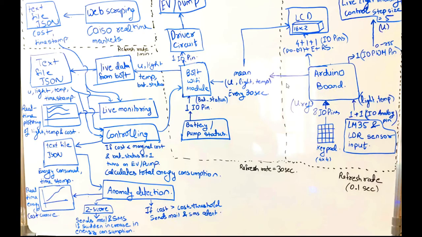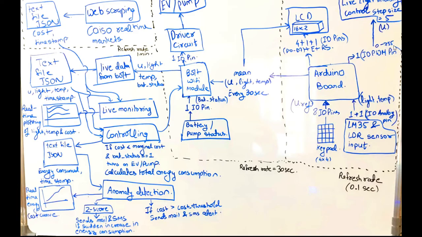So once this is done, it transfers the information to the Bolt Wi-Fi module. This is happening through UART communication. The Arduino board captures the values every 0.1 second, and it takes an average of all the values of the light, the temperature, and the U. The U is the value that is being sent to the controller to control the light intensity.